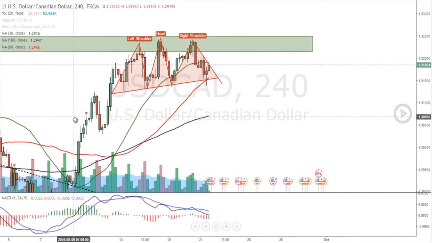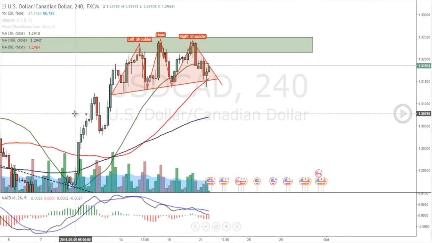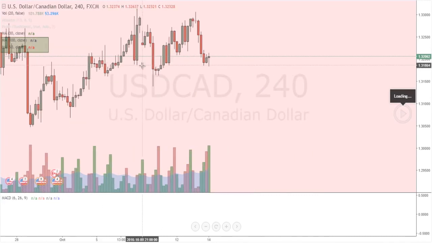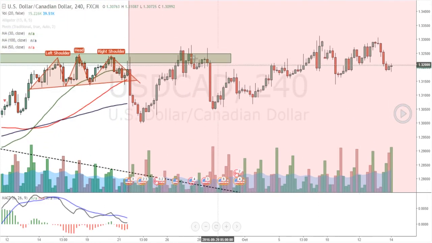This pair is another US pair, just playing around. It's not doing anything, and it's going up and sideways, so it's something to wait for.